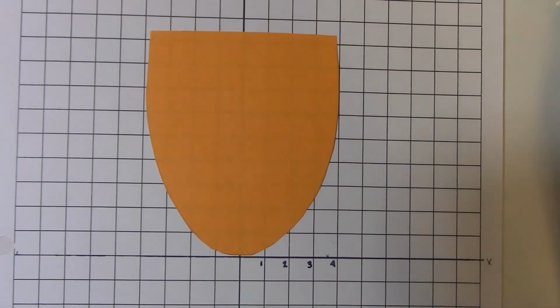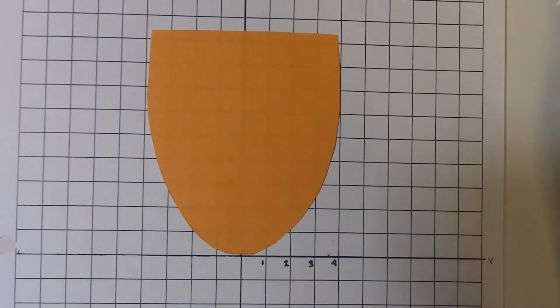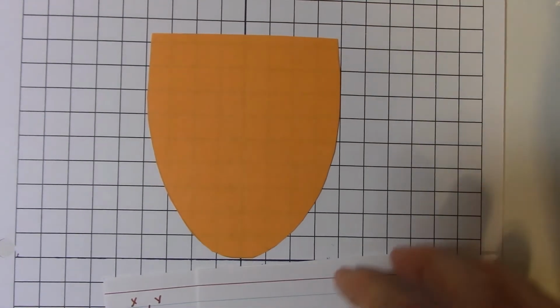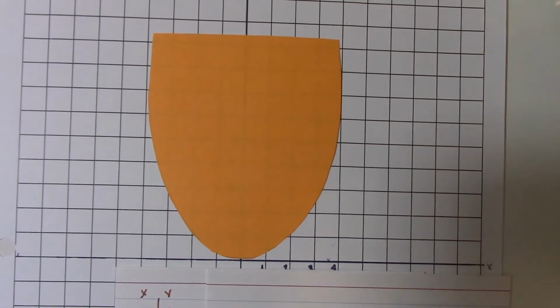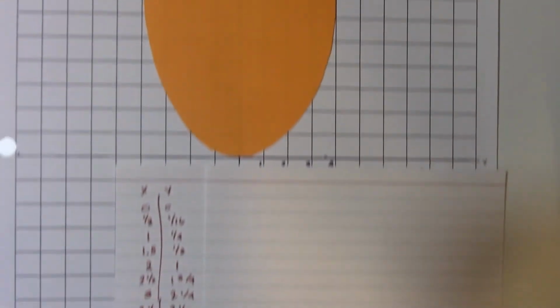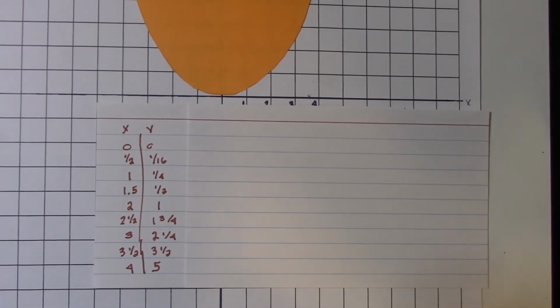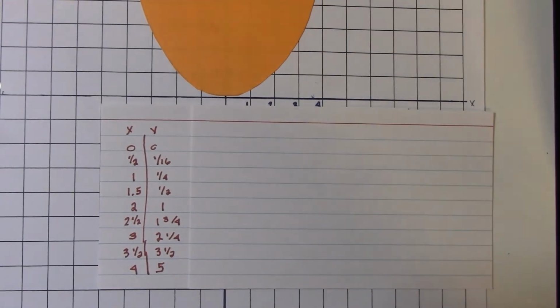From here, I can read off the data points, the 0, 0, and like 1/2, and I've listed them below right here. Here are my data points for this particular cup.